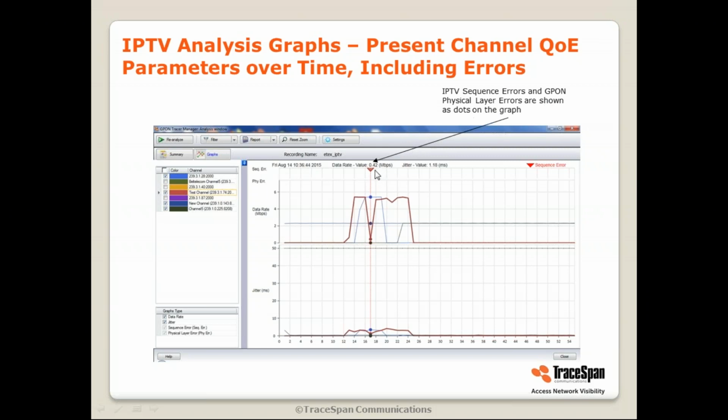By looking at this, it means something is wrong with this channel at this specific moment. But you can also see we have this blue channel, which was transmitted at exactly the same time and had no problem at all. So this means it's not a general IPTV server problem or a PON-related problem. It's definitely related to one specific IPTV channel.